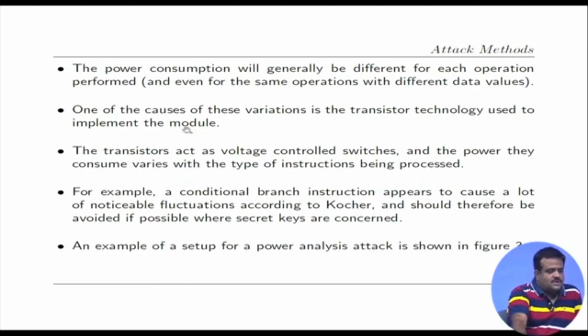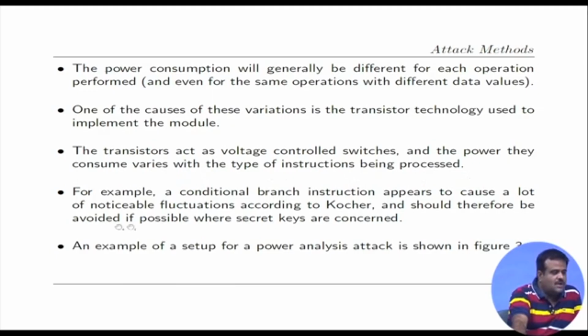One cause of this variation is the transistor technology used to implement the module. The transistors act as voltage-controlled switches, and the power they consume varies with the type of instruction being processed.